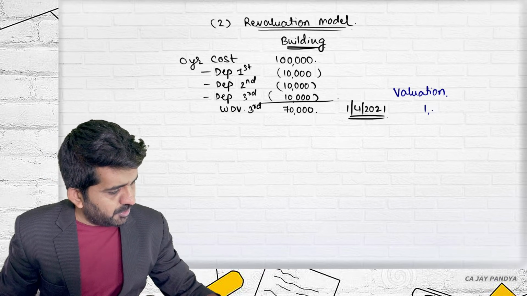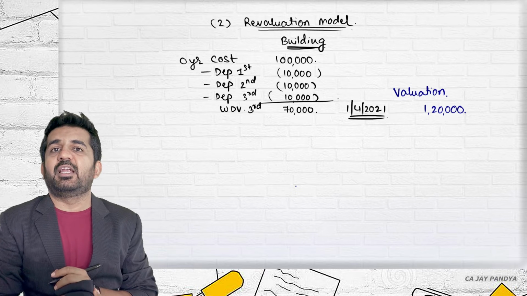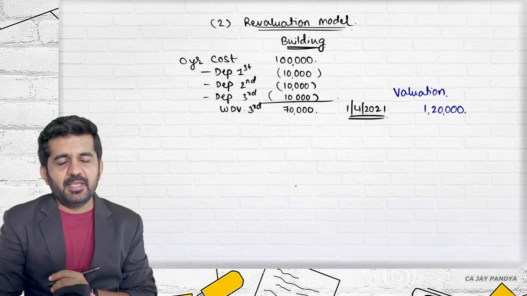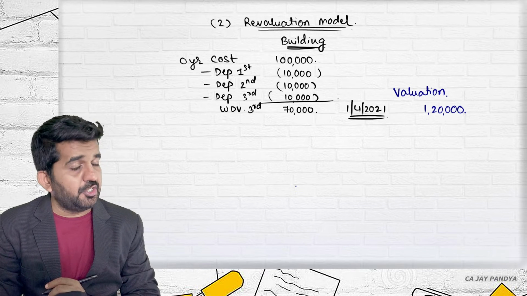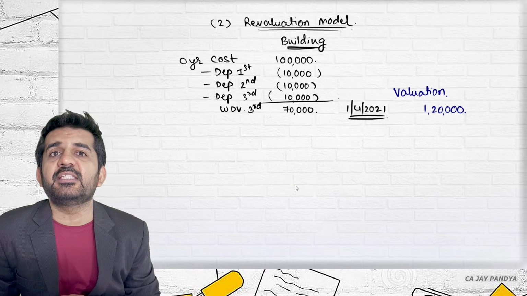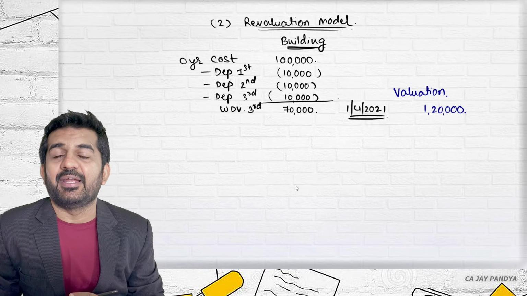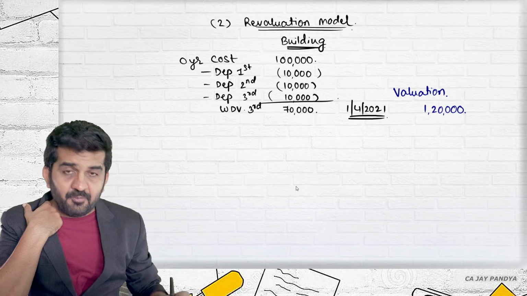The valuer says that the value of the building today is 1,20,000. AS 10, if all other conditions are satisfied, allows you to increase the value of the asset to 1,20,000. Is it all right? How will it be increased?